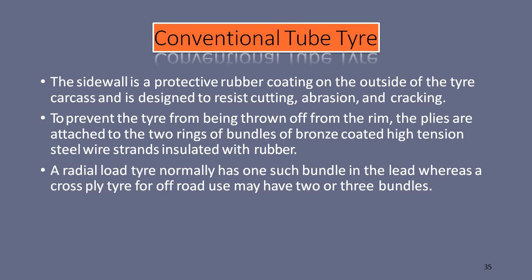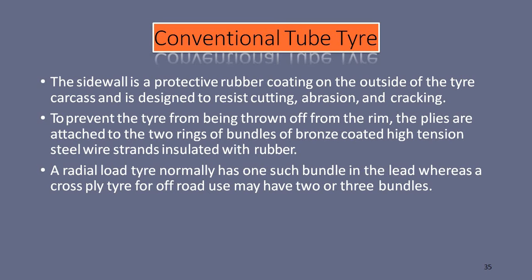The sidewall is a protective rubber coating on the outside of the tire carcass and is designed to resist cutting, abrasion and cracking. To prevent the tire from being thrown off the rim, the plies are attached to two rings or bundles of bronze coated high tension steel wire strands insulated in rubber.